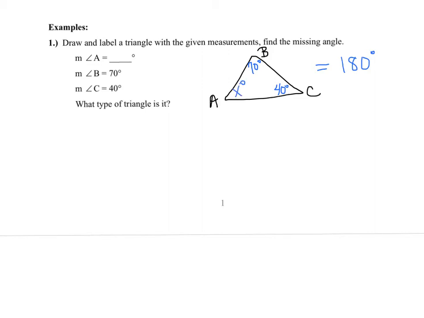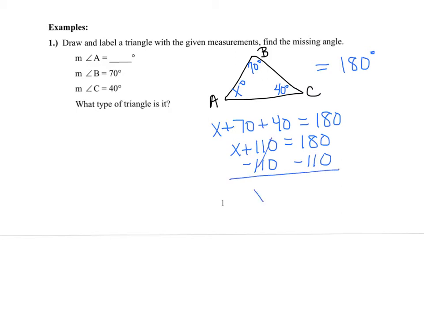Next step, set up an equation. X plus 70 plus 40 equals 180 degrees. Combine your like terms, which are 70 and 40. 70 plus 40 gives us 110. Our next step is to get X by itself, so we subtract 110 from each side.